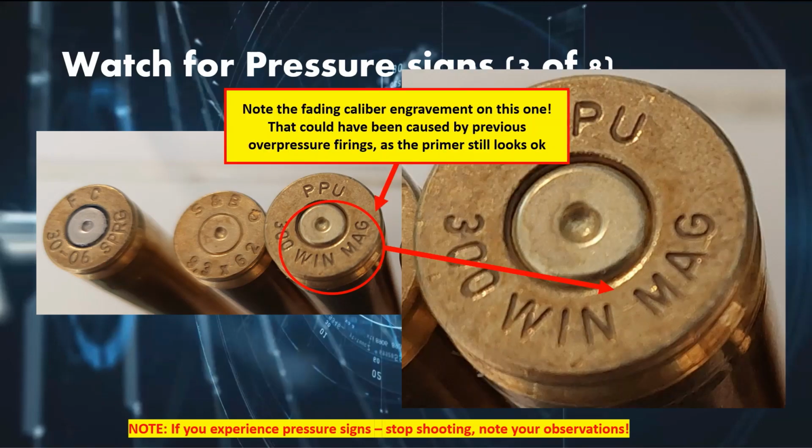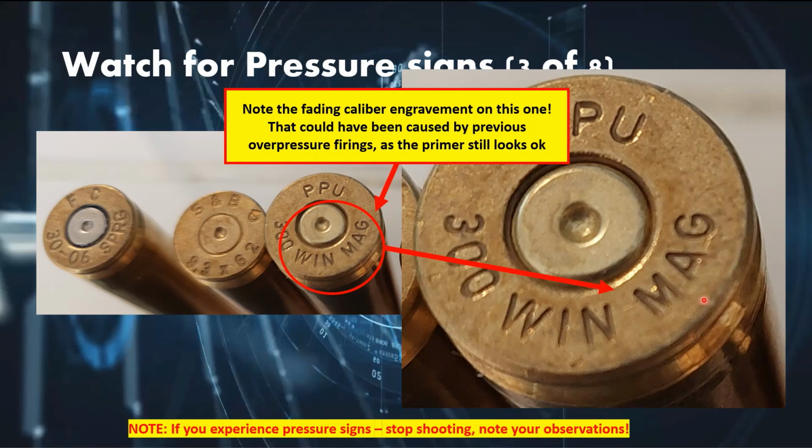Another sign of overpressure is forging. That is when the engravings on your case bottom fade away. If that gets hammered flat to the extent that these contours are diminishing, that is a sign of overpressure.